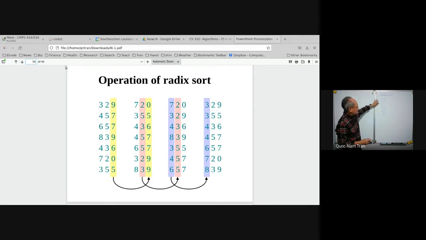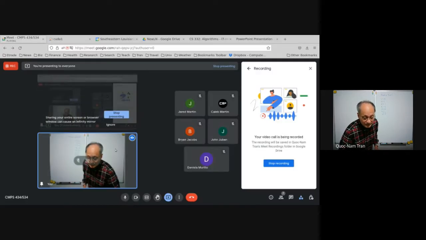So here we have 7 numbers we have to sort. The radix sort here will try to sort the numbers digit by digit, starting from the least significant digit, then the one before that, and then the most significant digit. Okay, so let me stop sharing here so I can explain that.